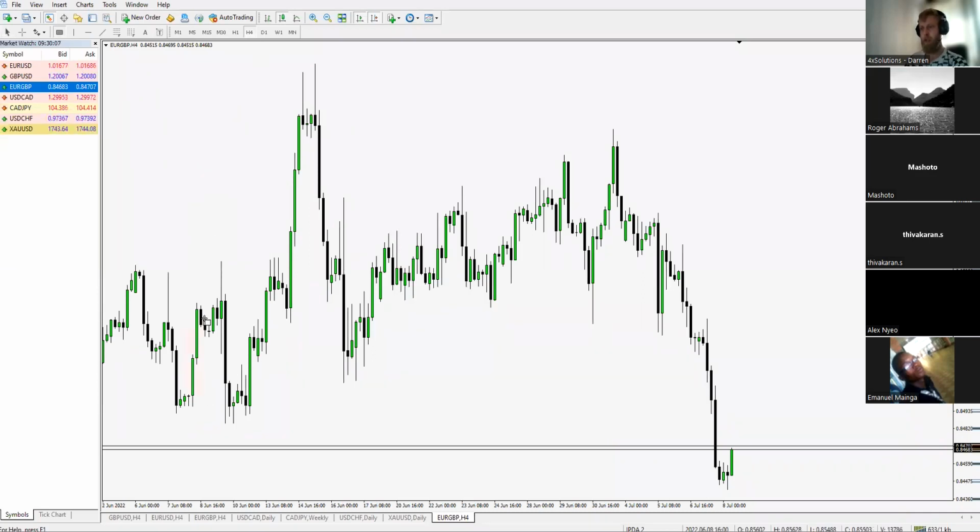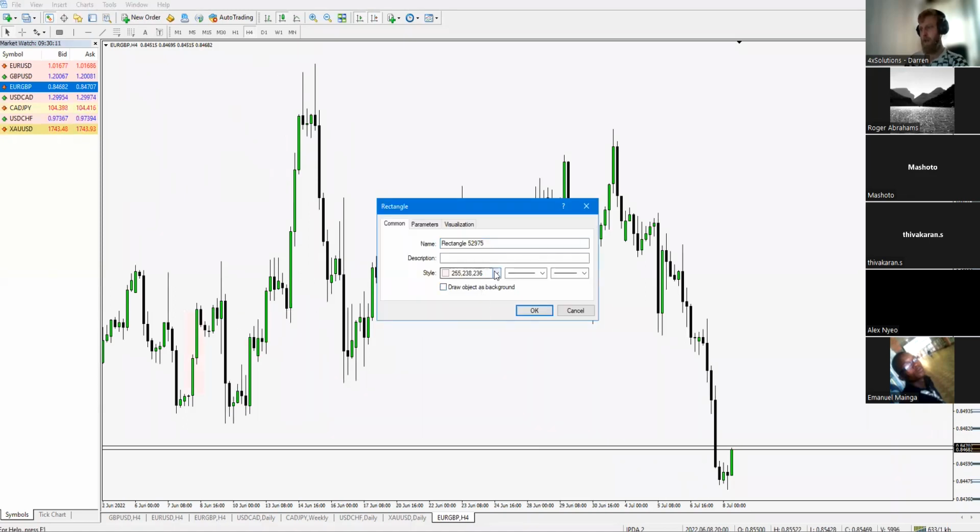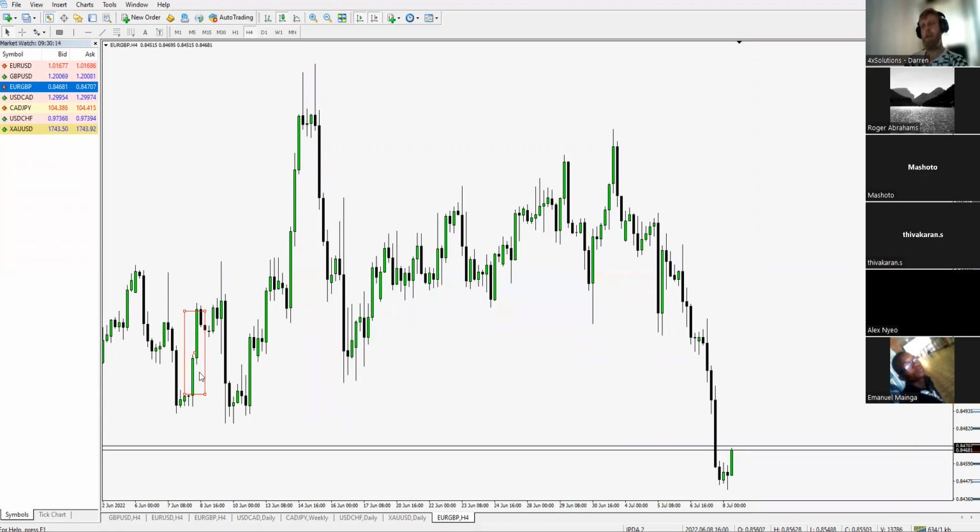Let me just change this over here to this red. There's an impulse price action over there, over here, a lot of impulse price action, one down over here. There's pretty much impulse price actions all over the place.